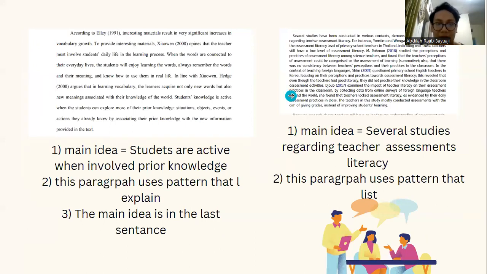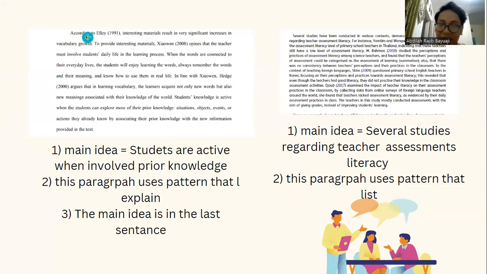Now this is the second paragraph of the introduction. In the left one, it states the main idea that students are active when involved with prior knowledge. Where do I find this main idea? Interestingly, in the left one the main idea is at the last sentence, because it starts with examples from other researchers, like, for example, according to Ellis, Jiawen, and Hedge.